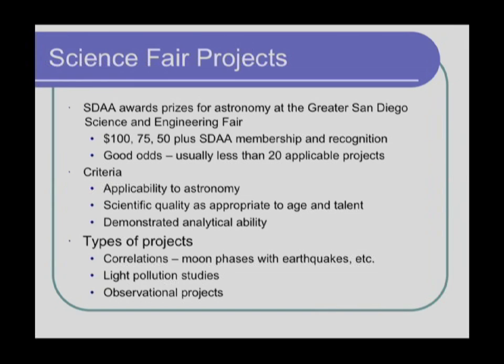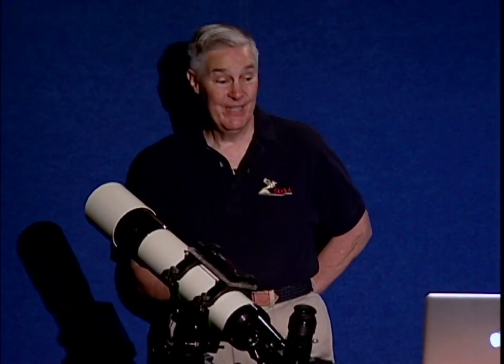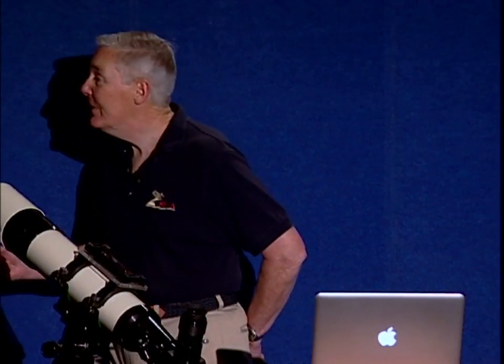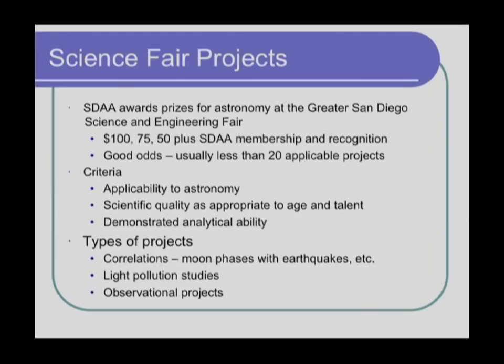But nonetheless, this person did an extremely good job, got earthquake tables, years and years and years, built charts, built tables, figured out the phase of the moon and so forth, did a correlation, more of a visual correlation rather than a statistical one. But nonetheless, they found out that it didn't correlate. But it was pretty good analysis, and that was an 8th grader.